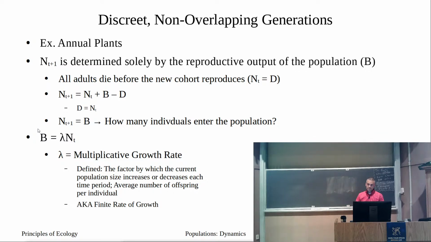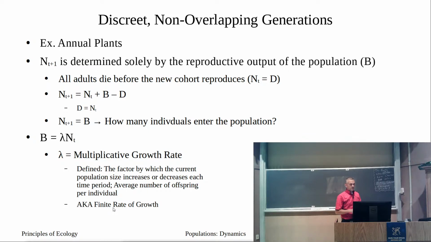Based on the description of discrete non-overlapping generations, this multiplicative growth rate has also been called the finite rate of growth. So there are 2 terms that correspond to lambda, and they both mean the same thing.